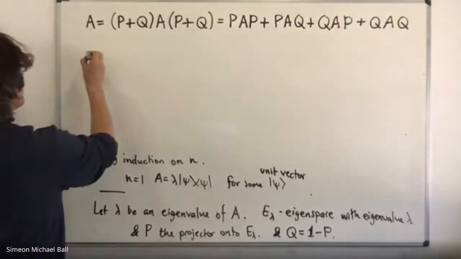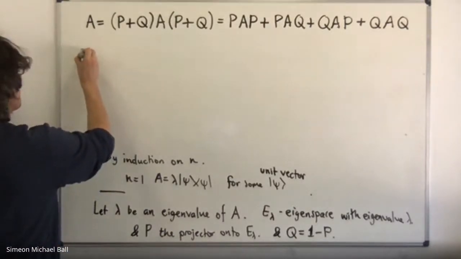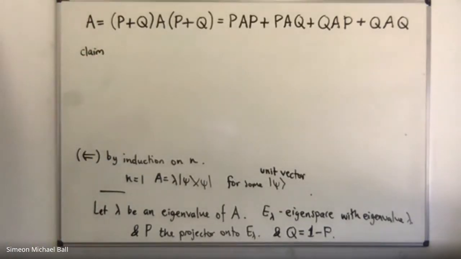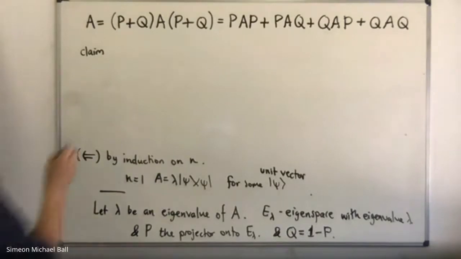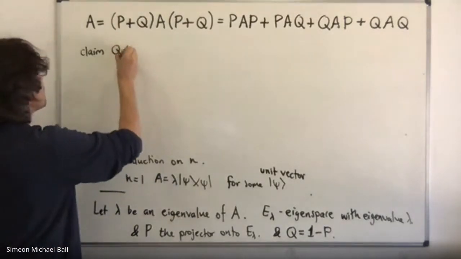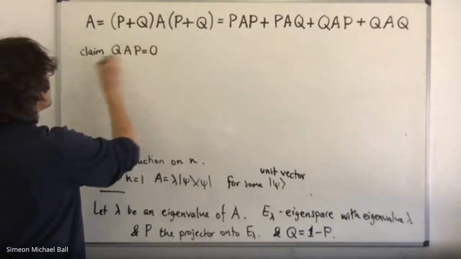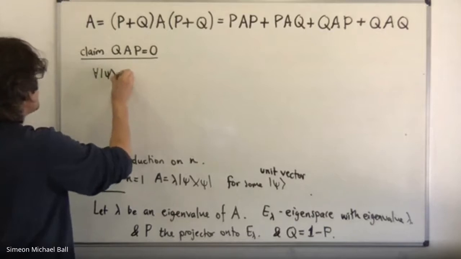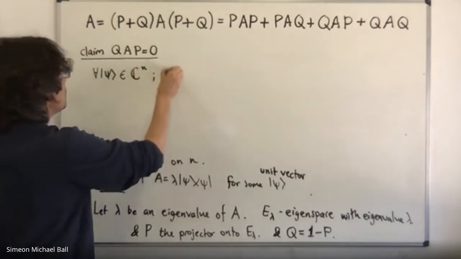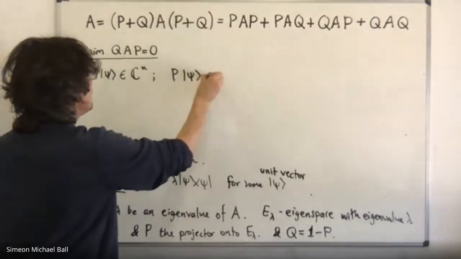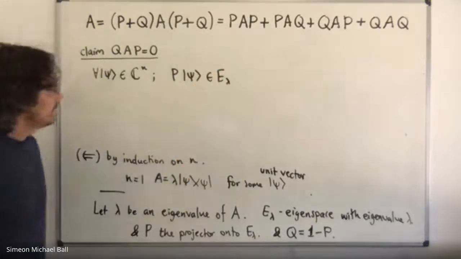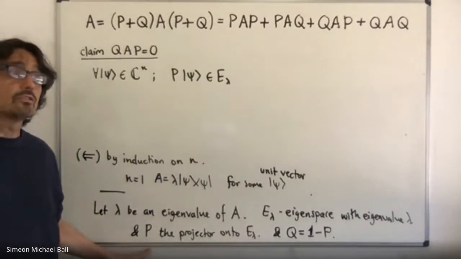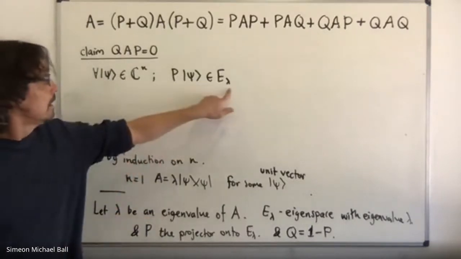So let's look at PAQ. So claim, is that the easy one or is that the more difficult one? That's the more difficult one. So let's claim first that QAP is 0. So for all things in our space, P applied to a vector is in our eigenspace E lambda because P is the projector onto E lambda.